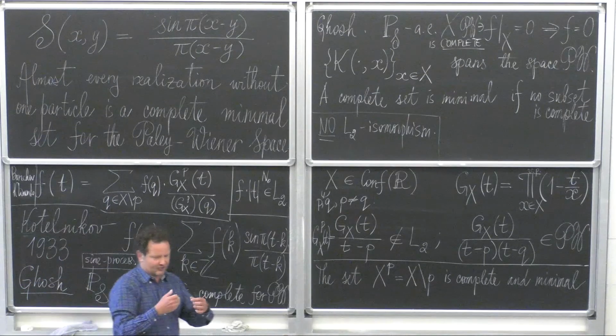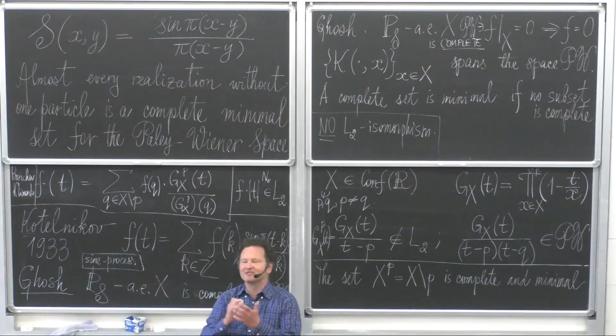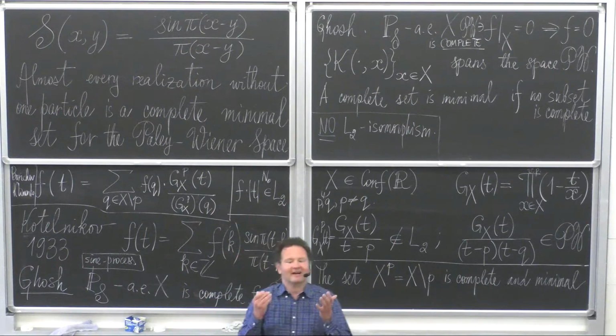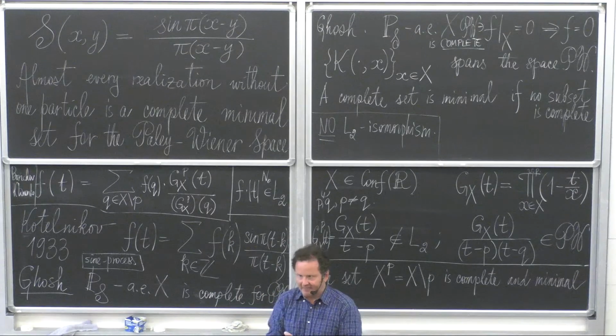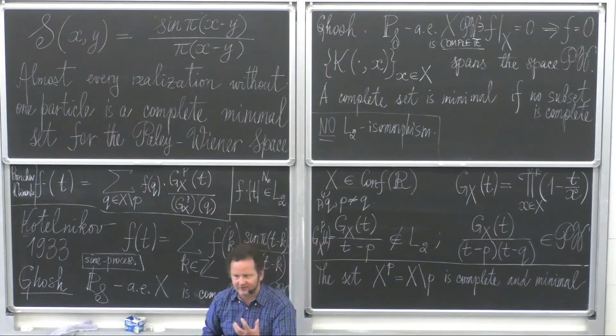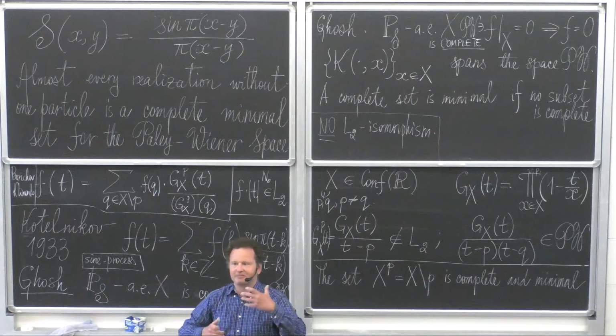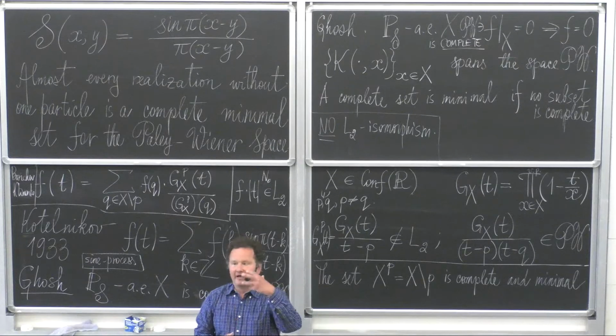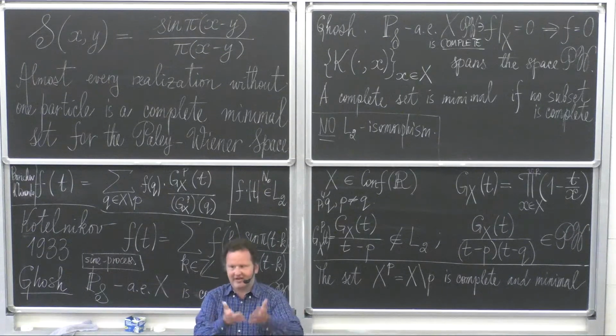So let us see, for example, the sine process as the scaling limit of circular unitary ensembles. But of course, the circular unitary ensemble is a measure on configurations of n points. So n points, and polynomials are of degree n-1. So a configuration of n points is a complete and minimal set for polynomials of degree n-1.